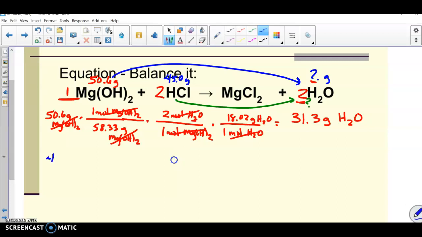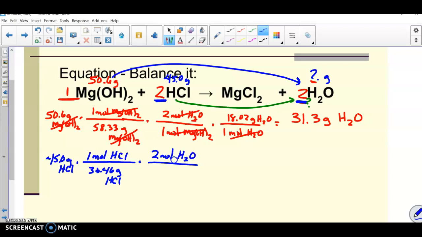If I had 45 grams of hydrochloric acid times, same setup, convert to moles. And this is 36.46 grams of HCl times the mole-to-mole ratio. It looks like it's a 2 to 2. So it's going to be 2 moles of water, because that's what I'm looking for, to 2 moles of HCl.